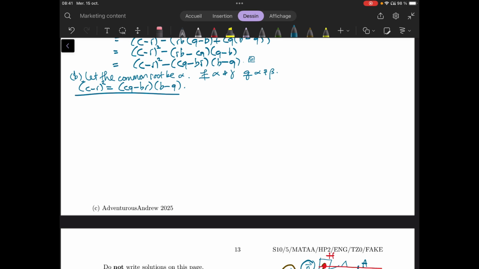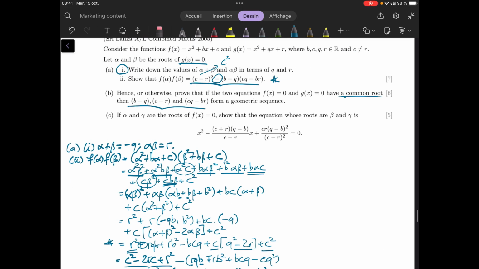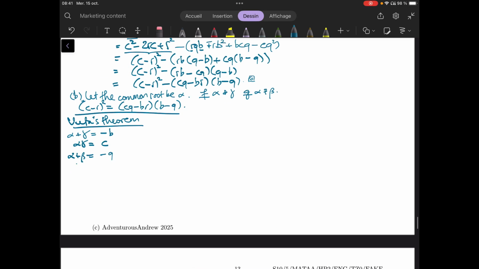So let's use Vieta's theorem on both equations. So we know that alpha plus gamma is negative b, alpha gamma is c. Alpha plus beta is negative q, alpha beta is r. Is there any way we can simplify this?